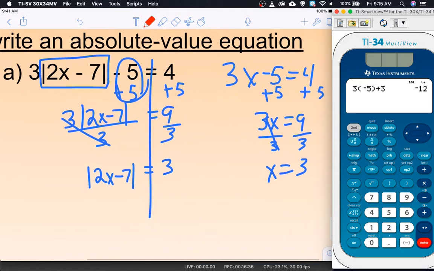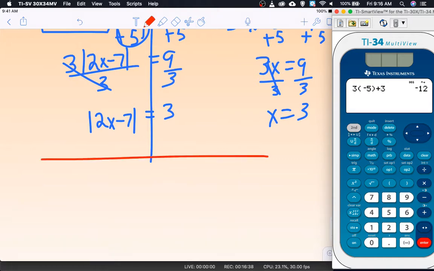Okay, now from here, we are going to separate this into two separate equations. Now, maybe you've noticed the pattern in the previous three problems. Basically, we're going to set this stuff equal to a positive 3, and we're going to set this stuff equal to a negative 3.